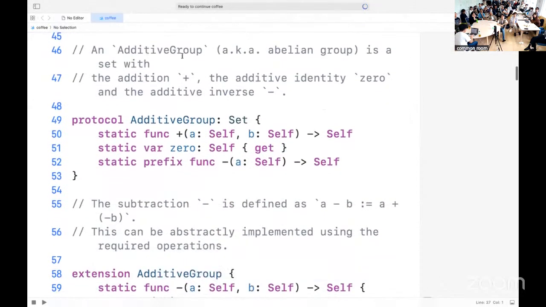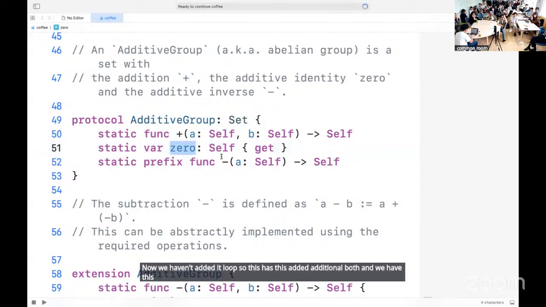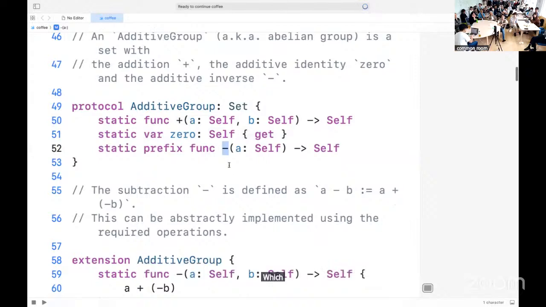Now we have an additive group. So this has this addition plus, and we have this additive identity 0, and we also have this additive inverse, which we denote by this negative sign.